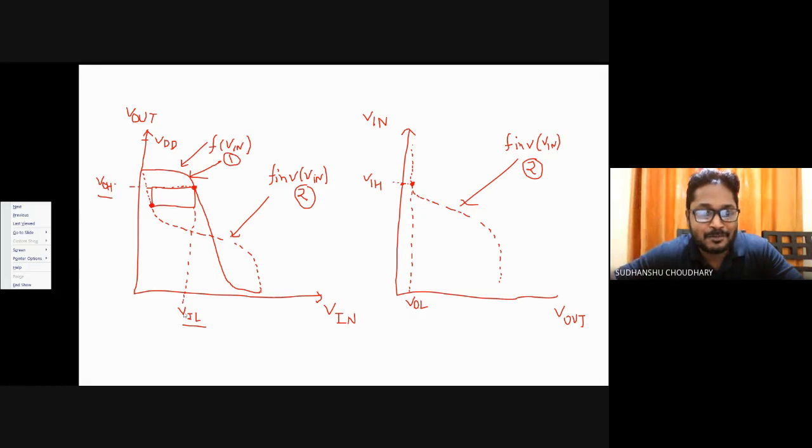So how much more? Up to only VIL. That is the highest value of logic low input voltage which can be applied, and for which you will get an output which will be high. Okay. So these are the two methods by which you can find these 4 points and then calculate the noise margins.